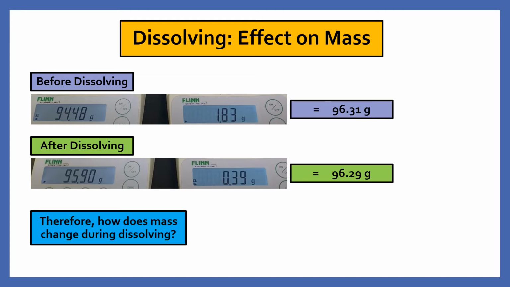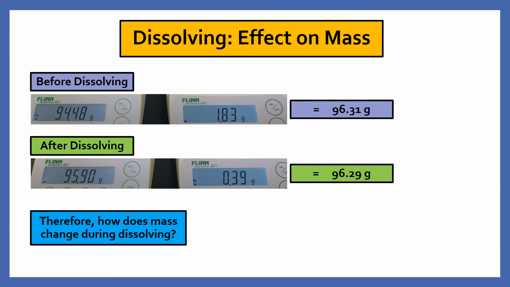For before dissolving, I've added 94.48 to 1.83, and I've got 96.31 grams. That's before dissolving. Then after dissolving, I've got 95.9 grams and 0.39 grams, which gives me 96.29 grams.